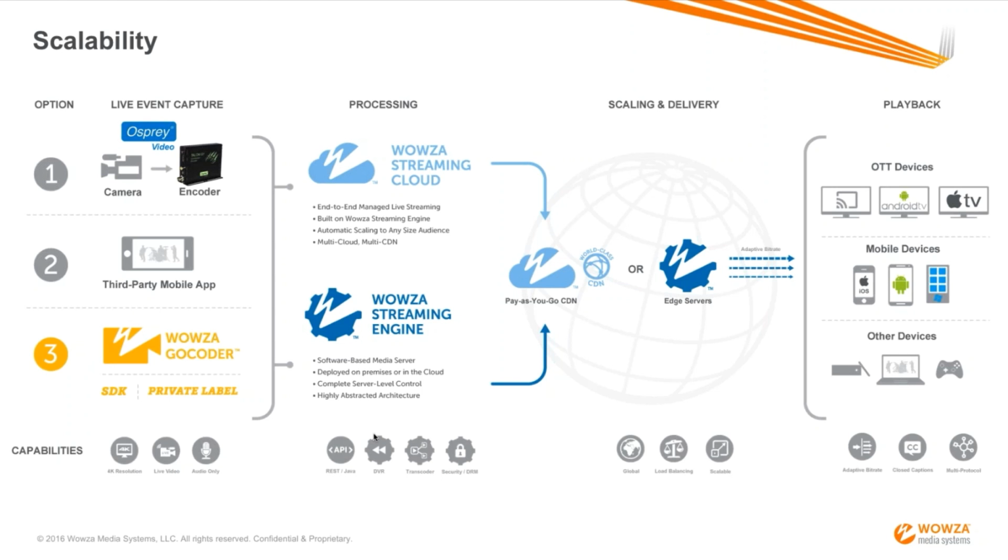A lot of the features you can see here, it may be a little bit difficult to see, are the different components that you can enable with these different workflows. So with Wowza Streaming Engine, we can pull in the DVR functionality. With transcoder, we can do that with both Wowza Streaming Cloud and Wowza Streaming Engine. And what the transcoder enables you to do is pull in one high quality source, transcode that to multiple lower resolutions and bit rates, and then deliver adaptive bit rate to end users.